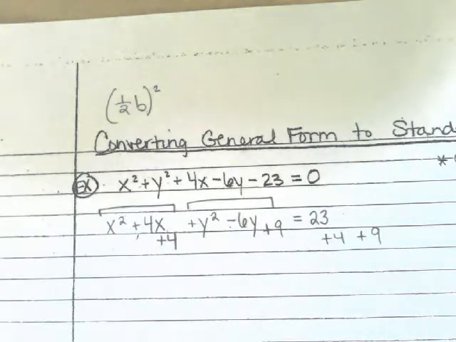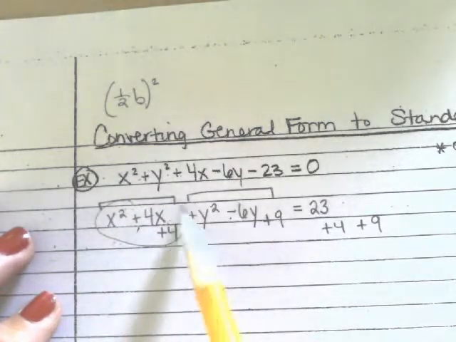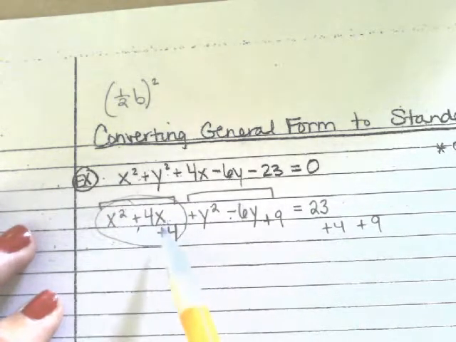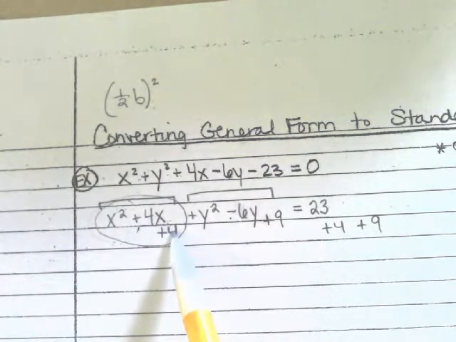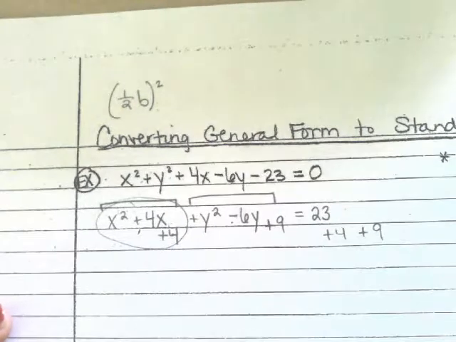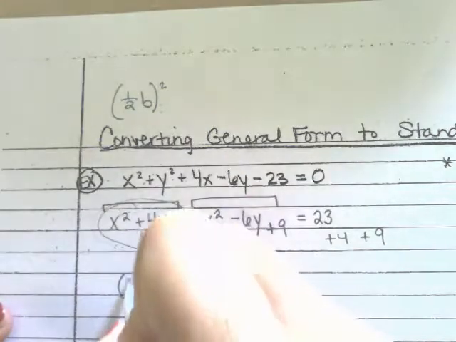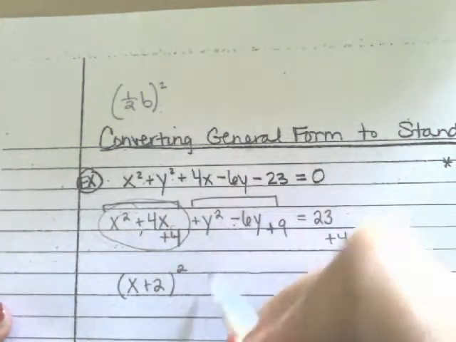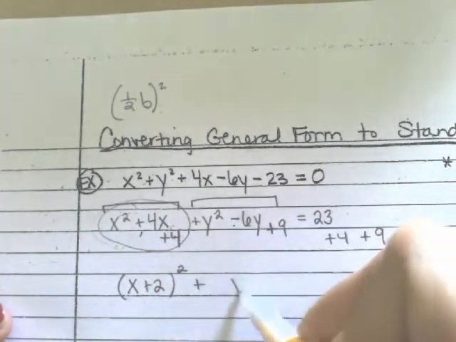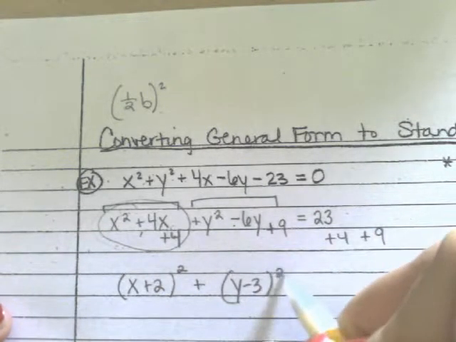So what we just did on the left-hand side is we completed a trinomial. We made it so that this trinomial was a perfect square. In other words, it can be written as some binomial times itself. What is that binomial? X plus 2, very good. And for the y's? Y minus 3.